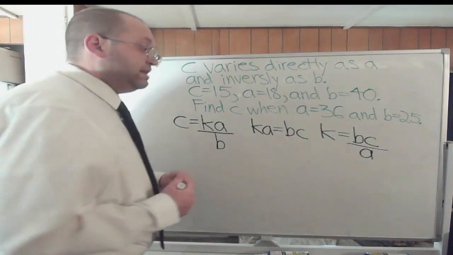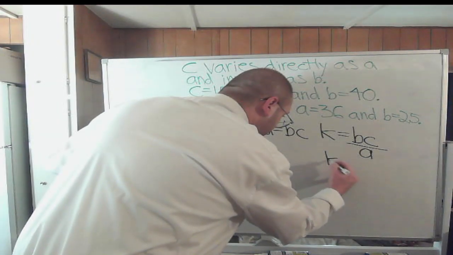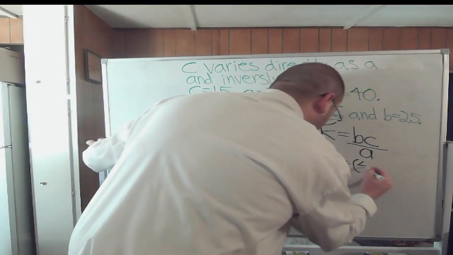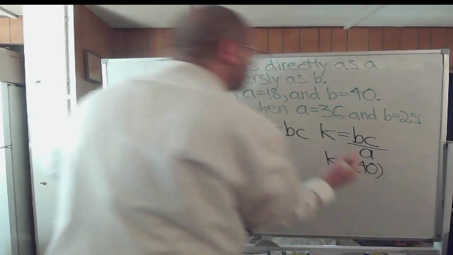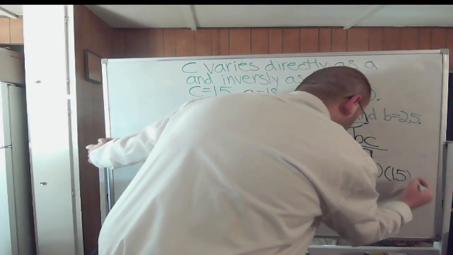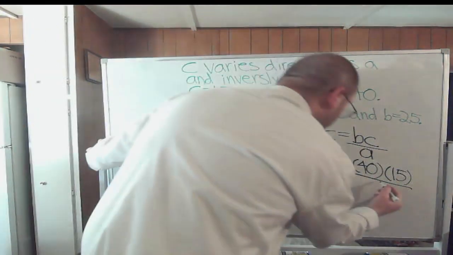All that we got to do now to solve it is plug in the values we're given of each variable. So K equals the value of B being 40 times the value of C we're given, 15, over A, which is 18.